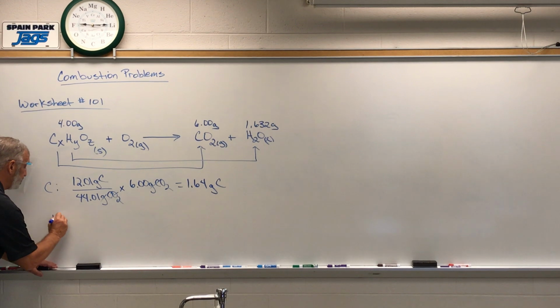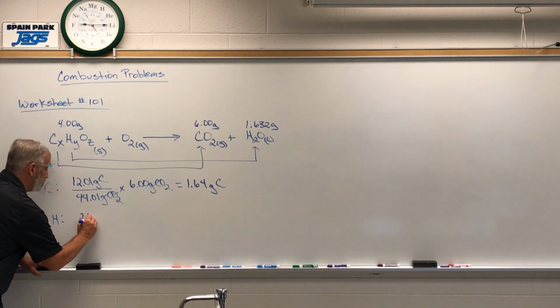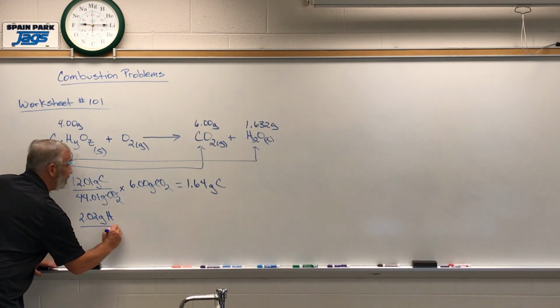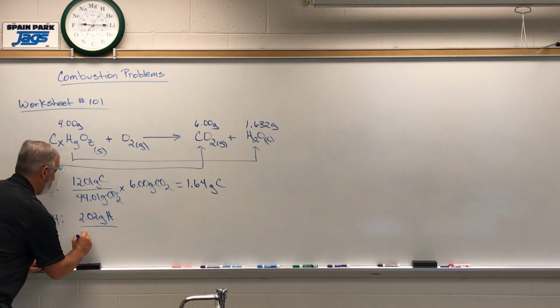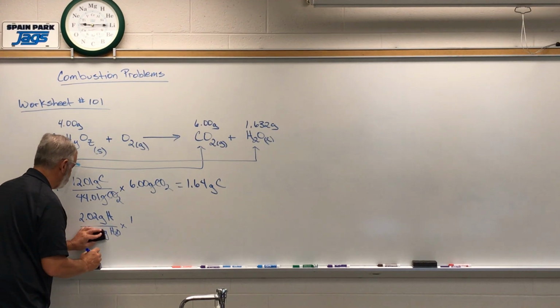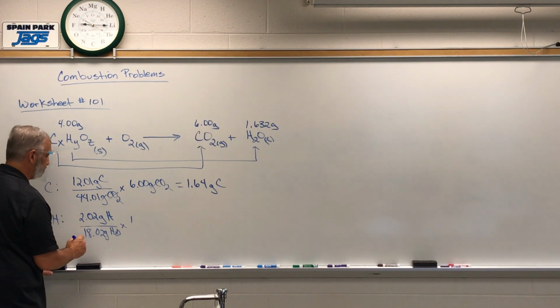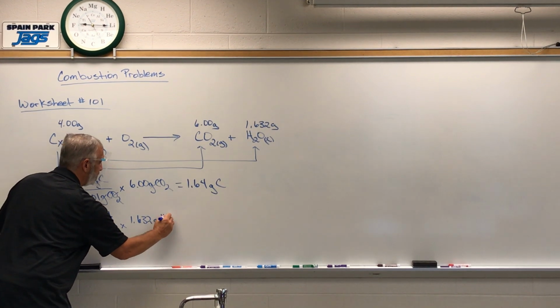So what would we do for hydrogen? Same thing with water. With water, we know hydrogen is going to be 2.02 grams, because there's two of them, each one is 1.01, over 18.02 grams, the molar mass of water, times 1.632 grams of water.